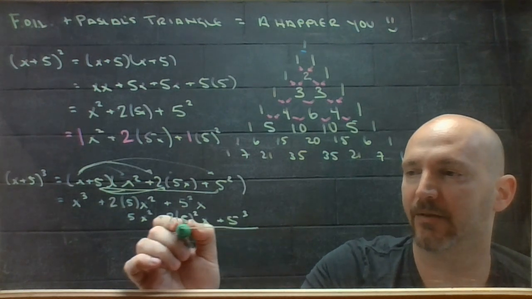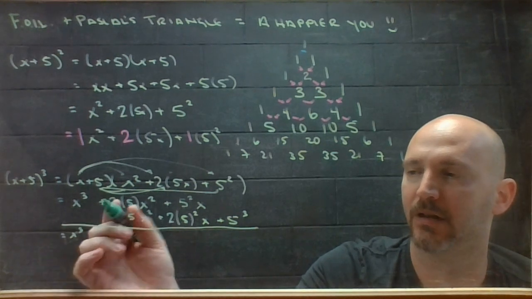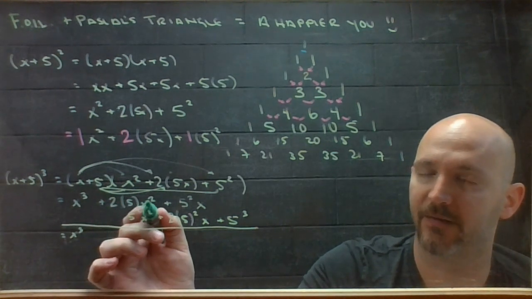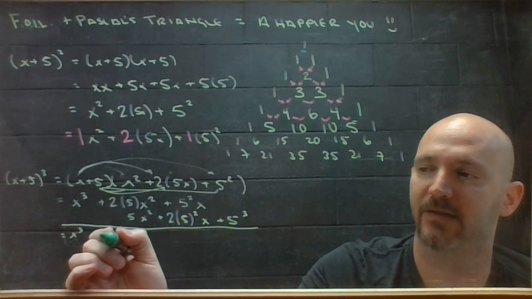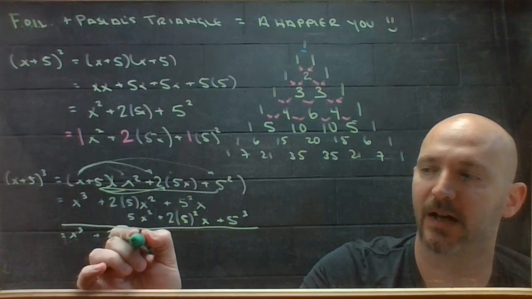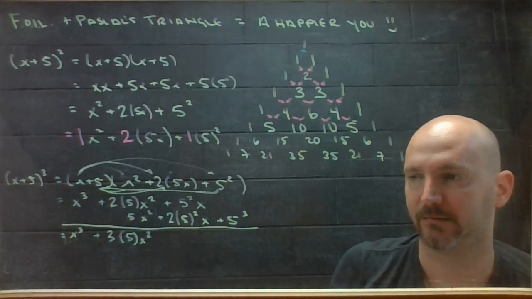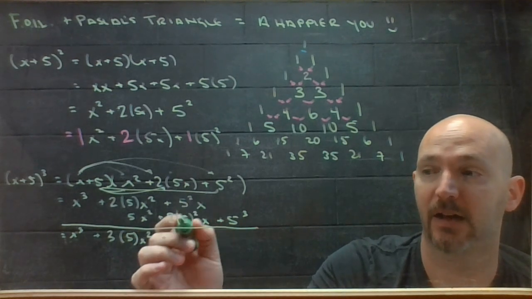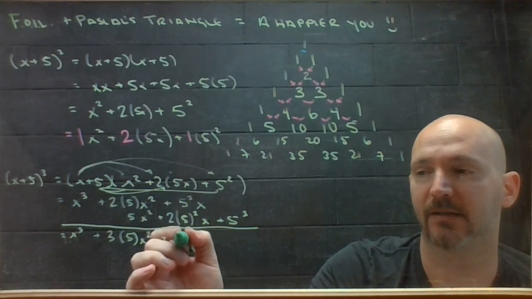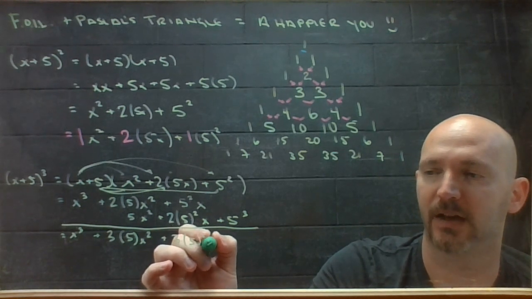So if I gather up my terms, I have an x cubed here. I have 2 5x squareds and an extra 5x squared. That gives me 3 5x squared. Now I have a 5 squared x here and 2 more 5 squared x's for a total of 3 5 squared x's.